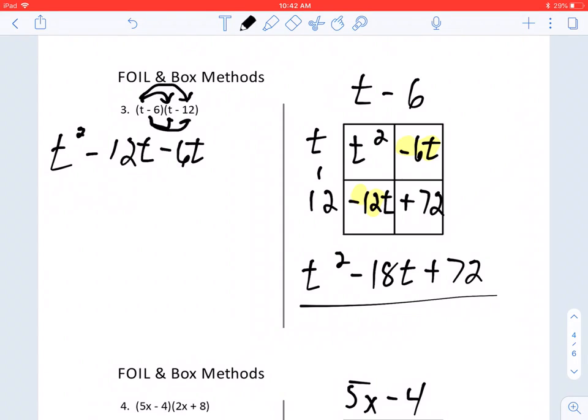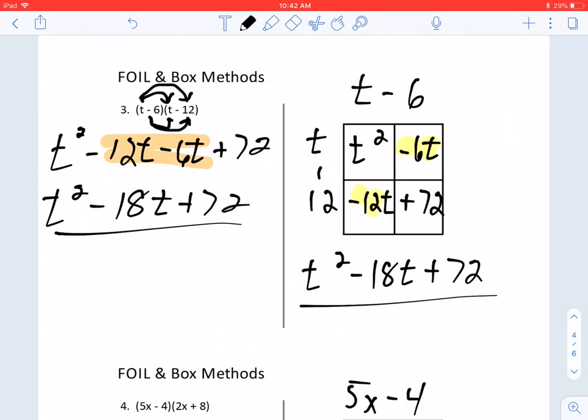And last terms, negative 6 times negative 12 is positive 72. Again, these two center terms right here are going to need to be combined because they're like terms. So we have t squared minus 18t plus 72. Now I'll double check. Here's our answer. It matches perfectly with the answer we got with the box method.